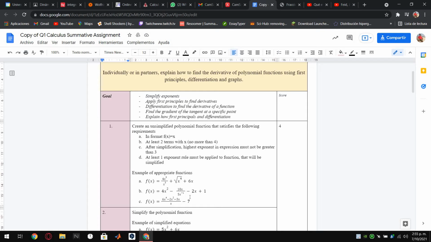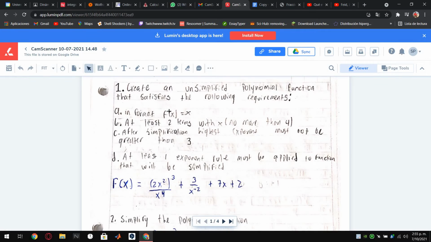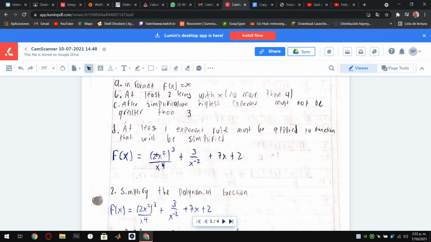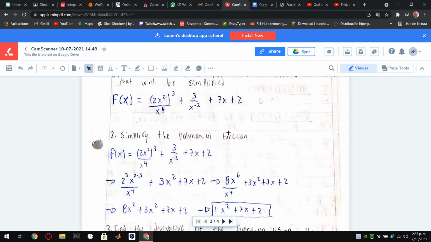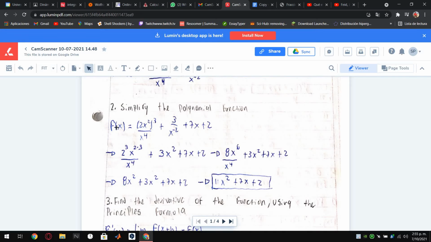There are some examples. Okay, so this is what we did. The function that I did was 2x to the power of 2, all to the power of 3, over x to the 4, plus 3 over x to the power of minus 2, plus 7x plus 2. To simplify the polynomial function, first you have to simplify these exponents.